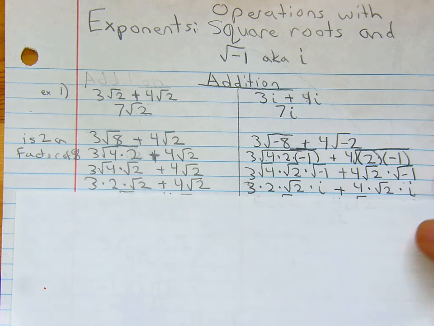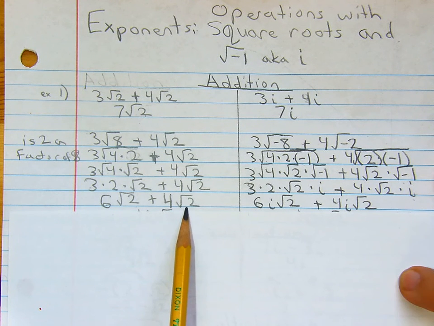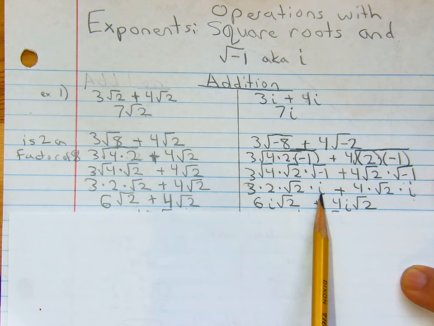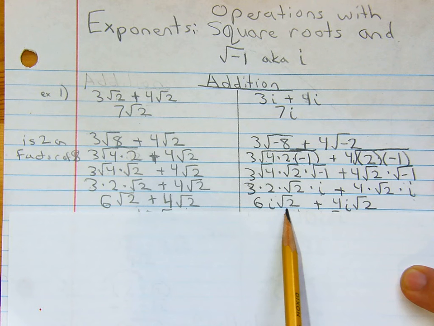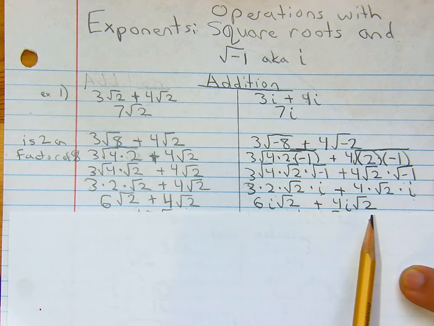So 3 times 2, easy enough, 6 square root 2, 4 square root 2. And over here, now I just have 6i. I move this i to the front, square root 2, and 4i square root 2.